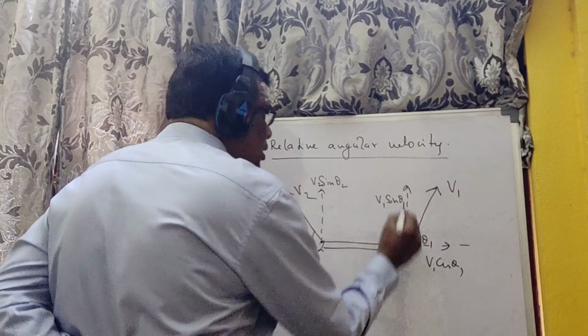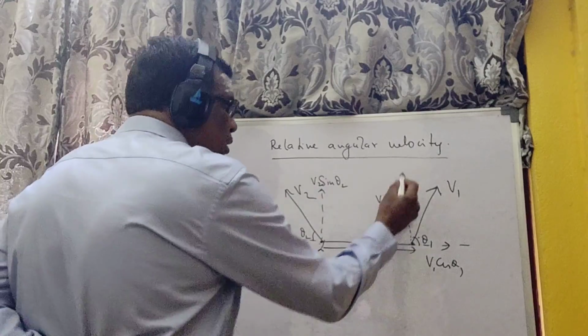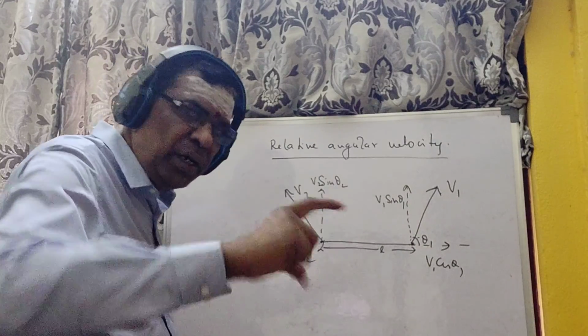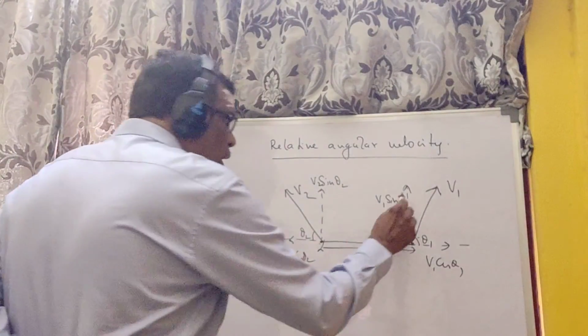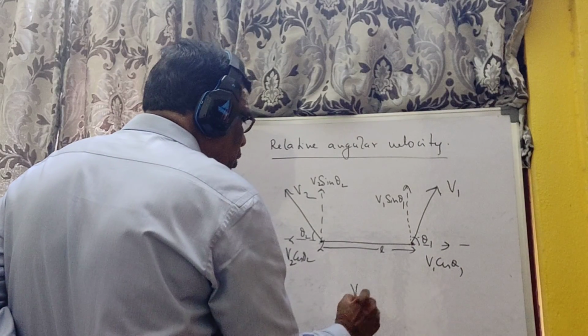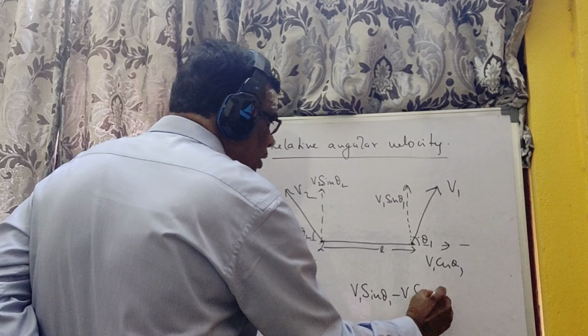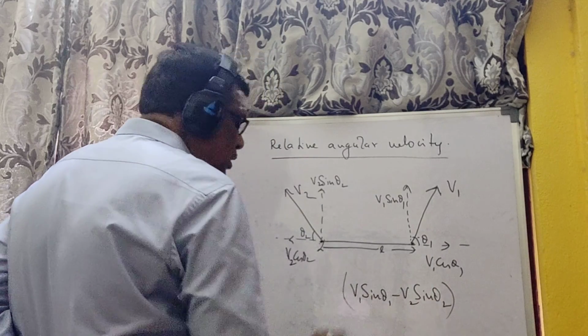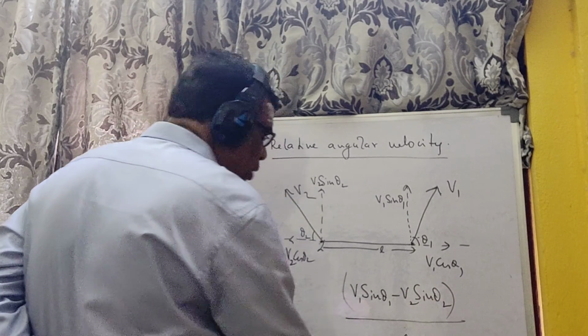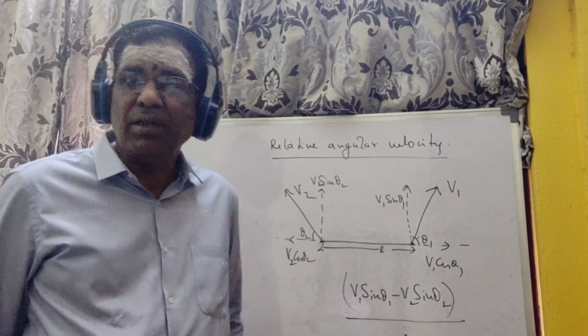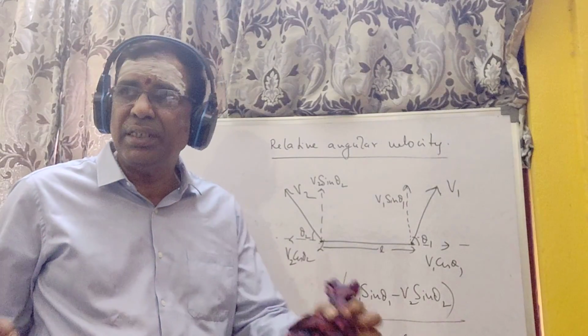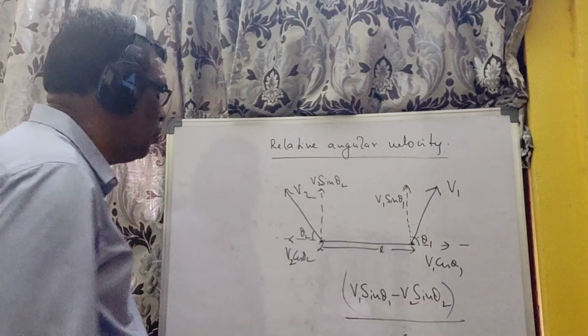I am only interested in what tries to rotate, right? So as before, because both are in the same direction, I will take the relative velocity divided by the perpendicular distance. That's how you have to work on it.